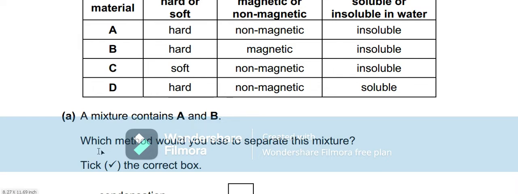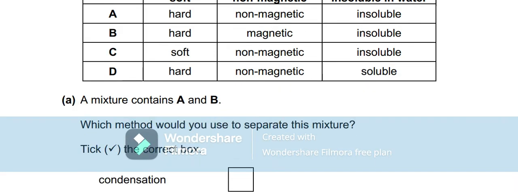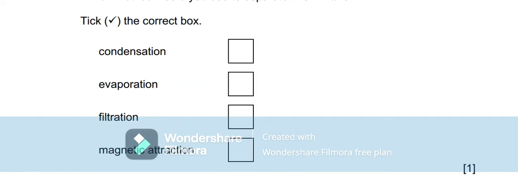So here he's asking which method would you use to separate this mixture of A and B. The property that you go for here, as you can see, is that A is non-magnetic and B is magnetic. The best method to use is magnetic attraction.